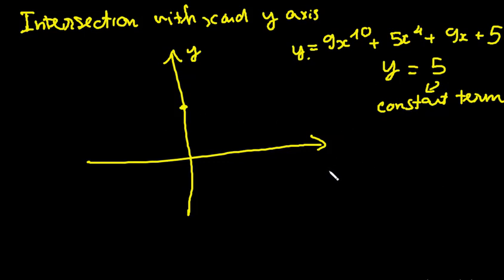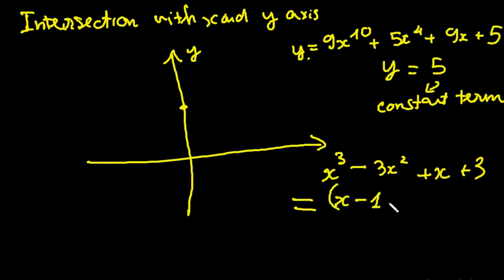And now I have an equation: x to the power 3 minus 3x squared plus x plus 3. I want to draw the graph of this curve. So I factorize it into x minus 1 multiplied by x plus 1 multiplied by x plus 3.